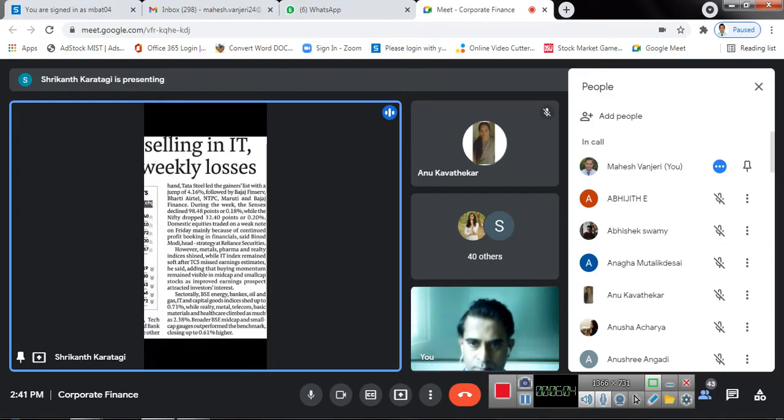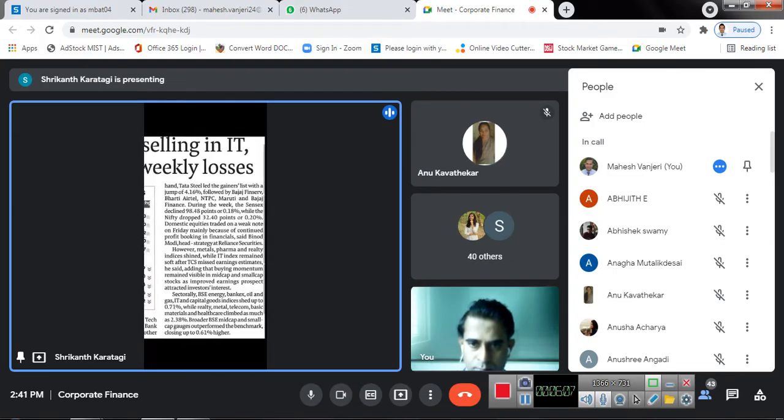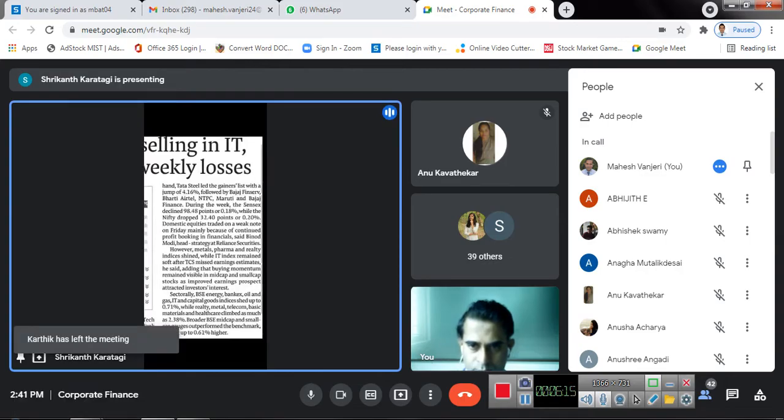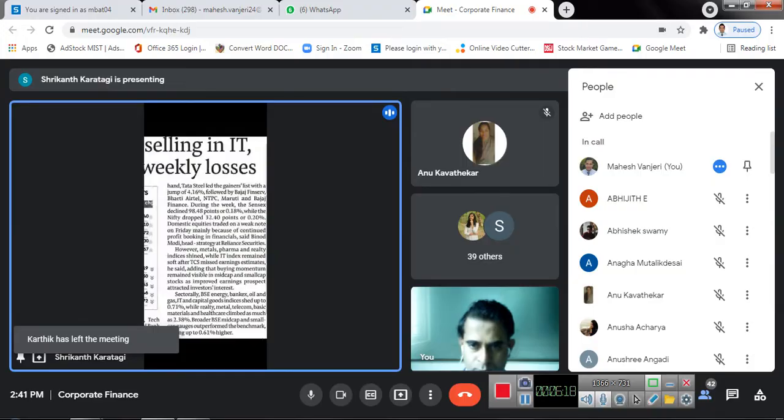Domestic equities traded on a weak note on Friday, mainly because of continued profit booking in financials, said Vinod Modi, head strategy at Reliance Securities. However, metals, pharma, and realty indices shined while the IT index remained soft after TCS missed the earning estimates. He added that buying momentum remained visible in mid-cap and small-cap stocks as improved earning prospects attracted investors' interest.